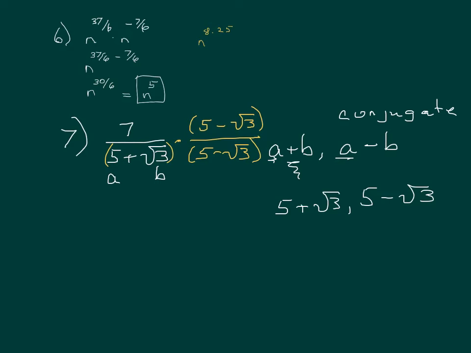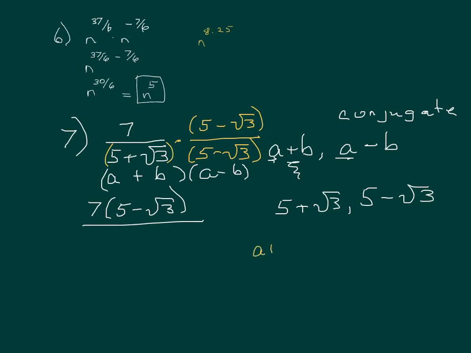So then in the top we have 7 times 5 minus square root of 3, and in the bottom we have that case where you have a plus b times a minus b, and if you remember from an earlier slide, a plus b times a minus b gives you a squared minus b squared.